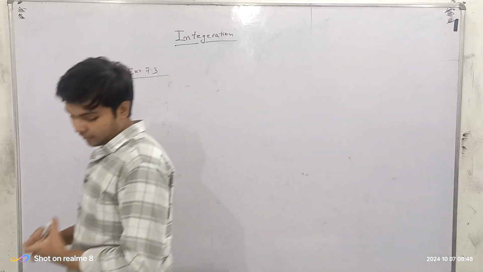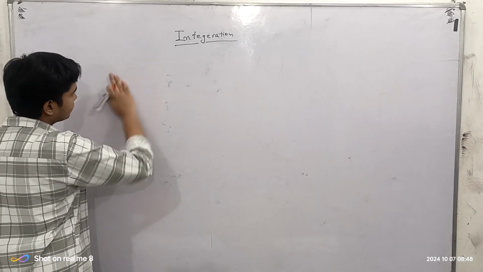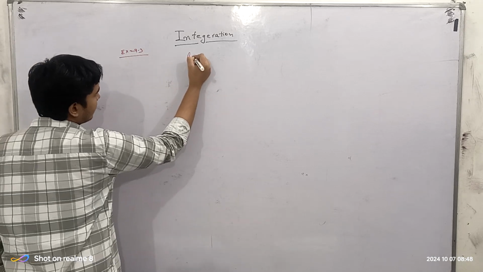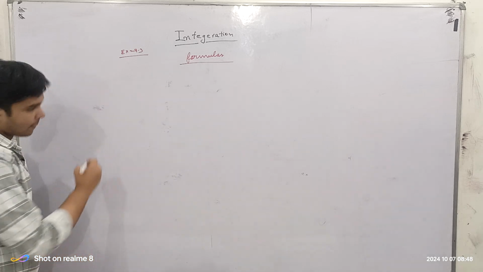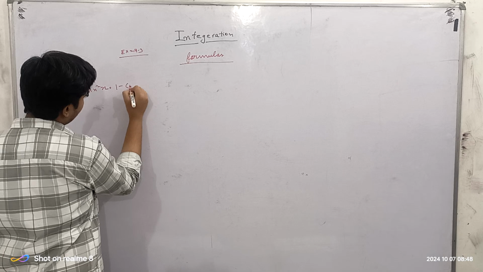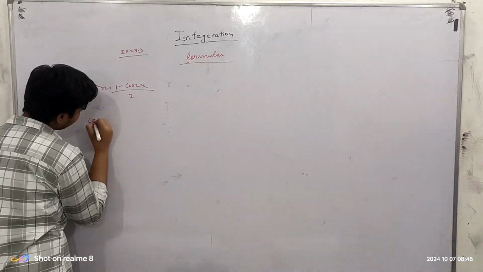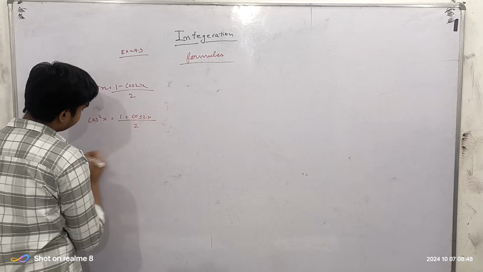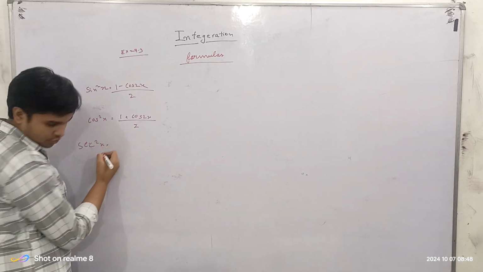All these important formulas which will be used in exercise 7.3, the important formulas for trigonometric solving, are: sin square x is equal to 1 minus cos 2x by 2. Cos square x is 1 plus cos 2x by 2. Sec square x is equal to 1 by cos square x.